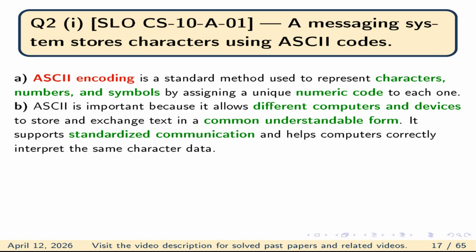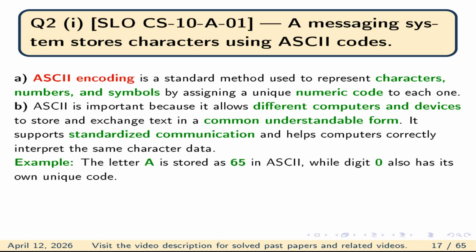It supports standardized communication and helps computers correctly interpret the same character data. Example, the letter A is stored as 65 in ASCII, while digit 0 also has its own unique code.